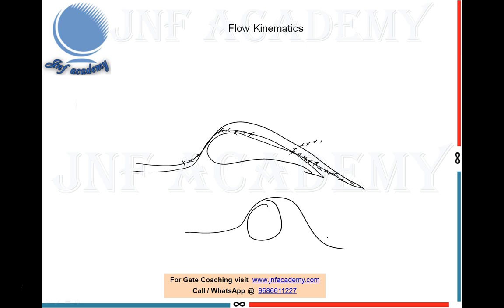The major difference between fluid mechanics and solid mechanics: let's assume you are traveling from Bangalore to Goa. A car is a solid object. If the car starts at point B, which is Bangalore, and moves to point G, which is Goa, and you want to calculate the velocity of the car, what will you do?